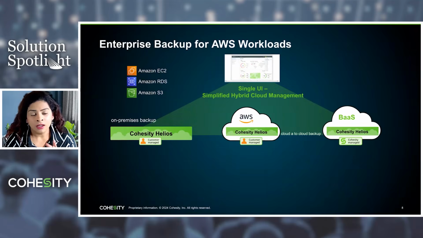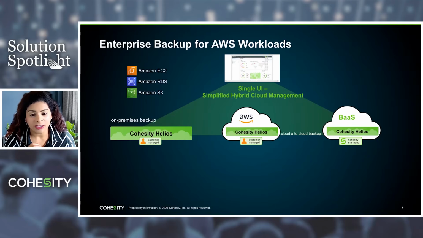So how does this work? You are capable of backing up your EC2, RDS, or S3 instances, either on premises or through the cloud, through a custom or managed instance of Cohesity Helios, through the same platform or UI that you can also manage to have a direct, no hardware, backup as a service only solution, which is backing up directly from the cloud.